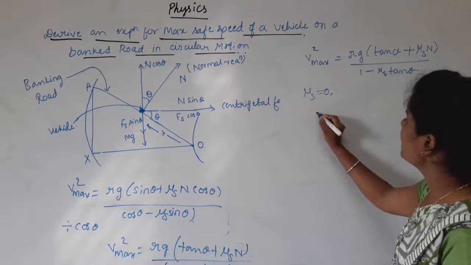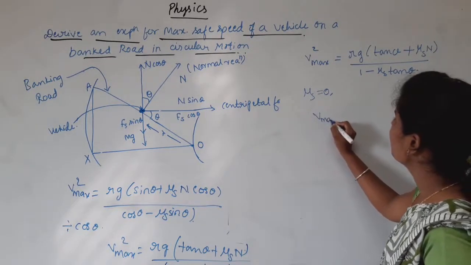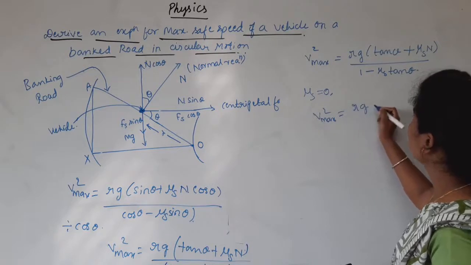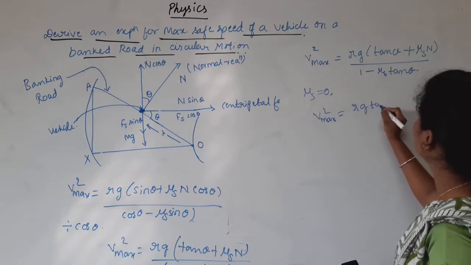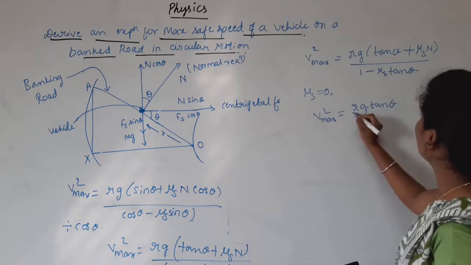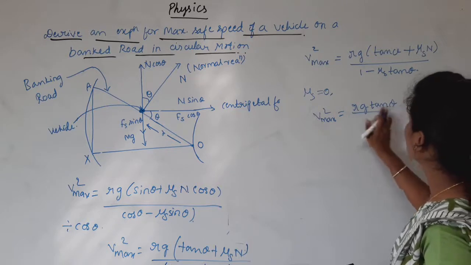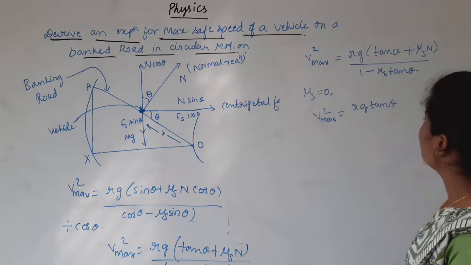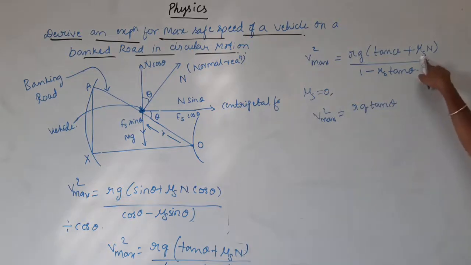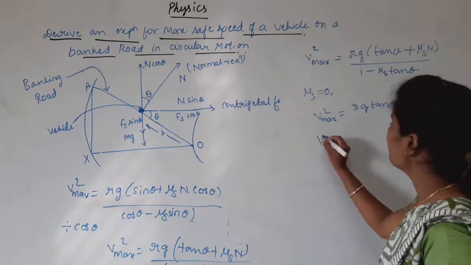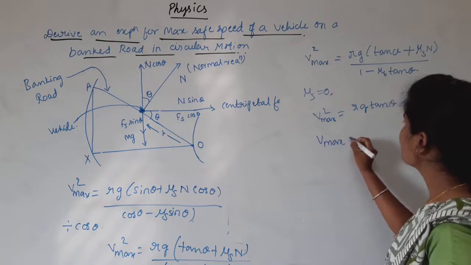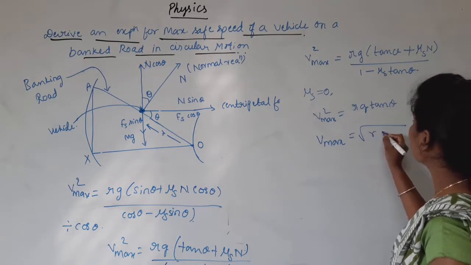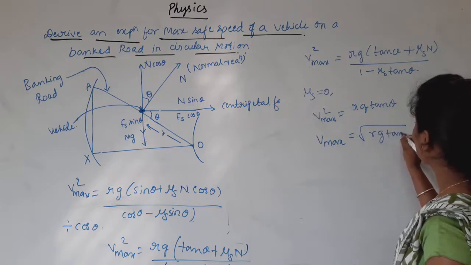Substitute this here: v max square equals rg into tan theta divided by 1, which remains as it is, rg tan theta.